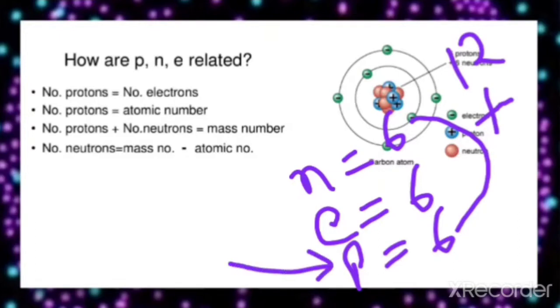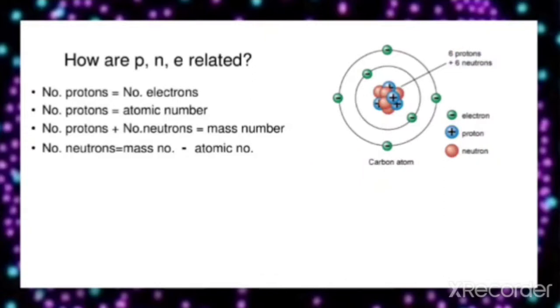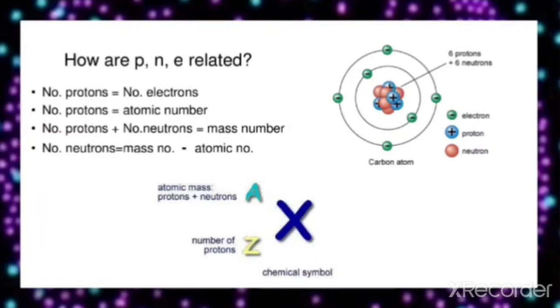So 6. Generally we represent an atom in this way: X is the symbol of that atom, and Z, as we have already discussed, is the atomic number, represented by capital Z, and the mass number is represented by capital A. So how do we represent an atom?